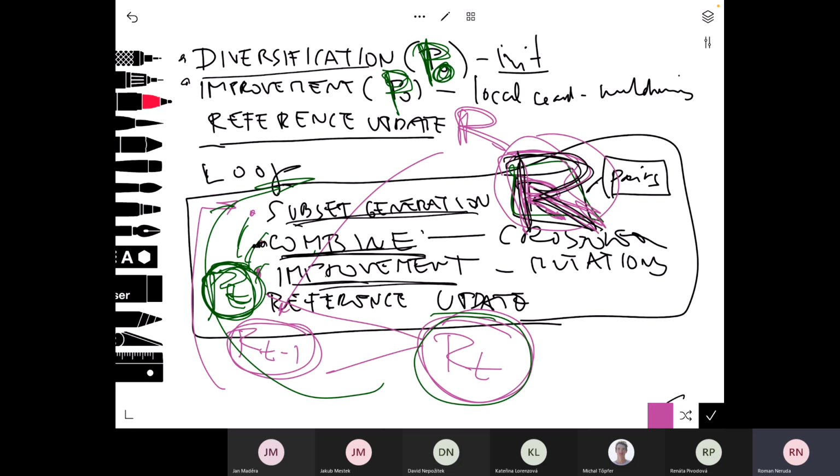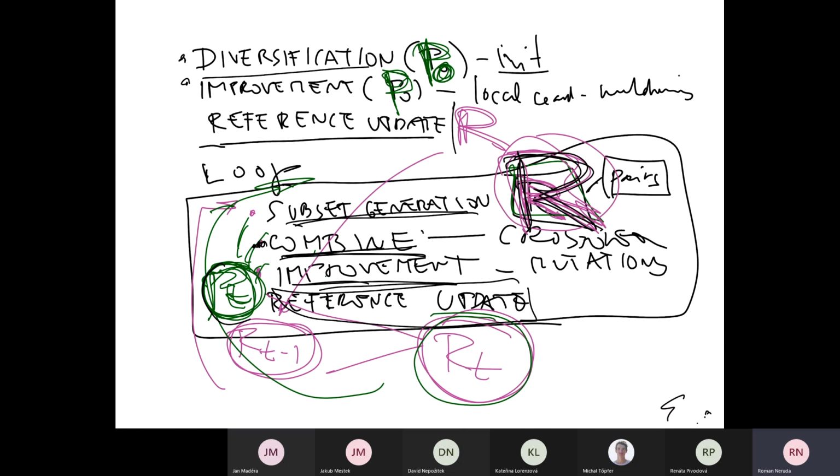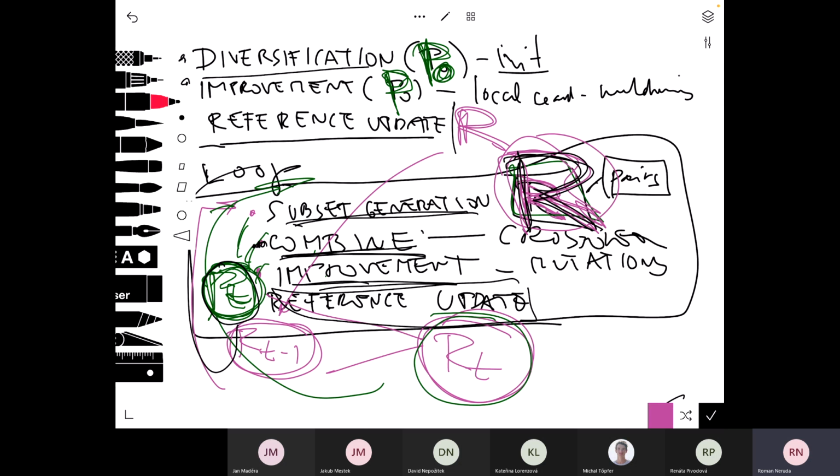Crossovers are called combinations. Mutations are called improvements. And then you're updating the reference set, and we will actually talk more about the reference set update, because that's the key thing, right? But otherwise, you see that we have the elements we've already seen, and what is different is that the complete population is not surviving from one generation to another, but it's rather the set of reference points that is surviving, right?